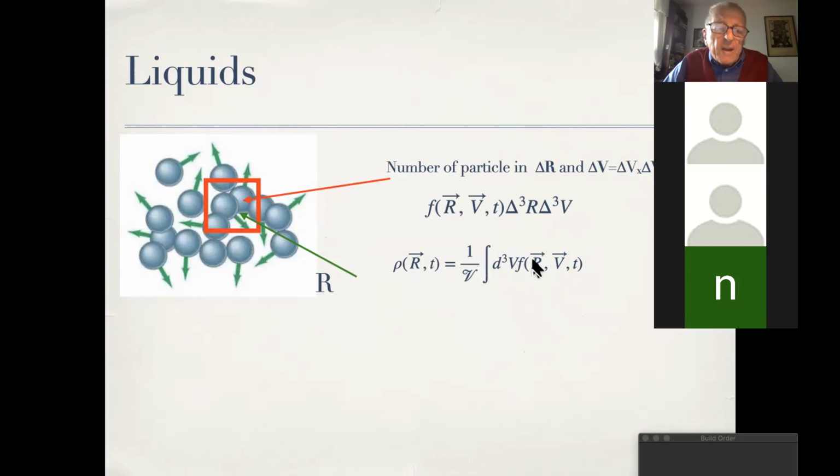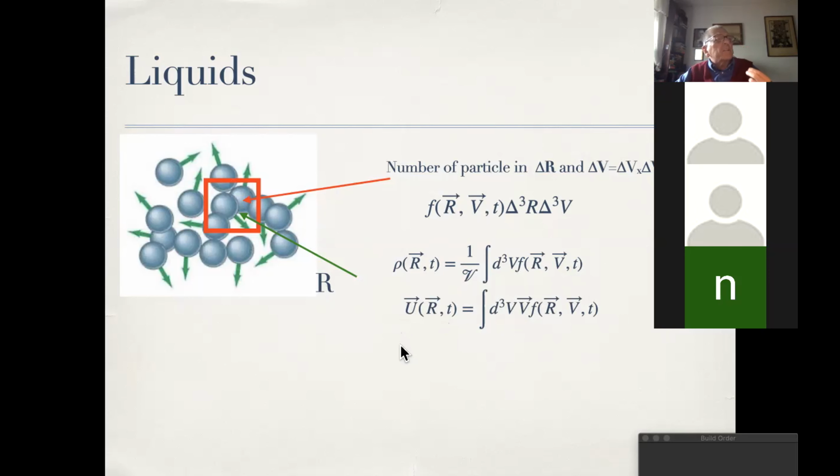So if we integrate the function f over the velocities, we get the density of the liquid. Similarly, we can define the velocity of the liquid by integrating over all possible velocities, velocity times the function f. That is a vector, and this is an analog of the concept of mean velocity we used when discussing the gas.